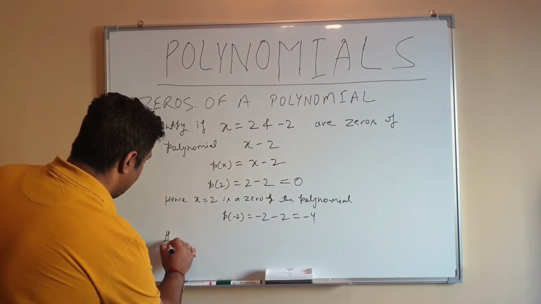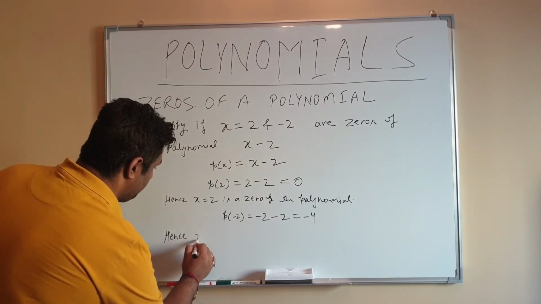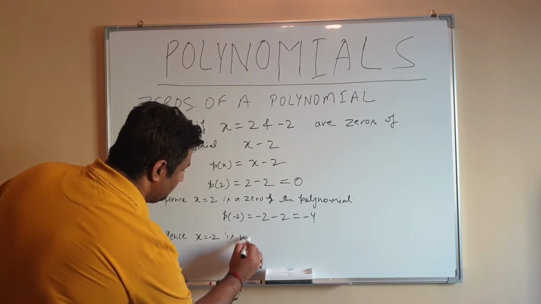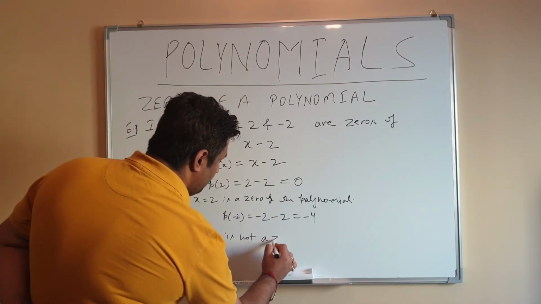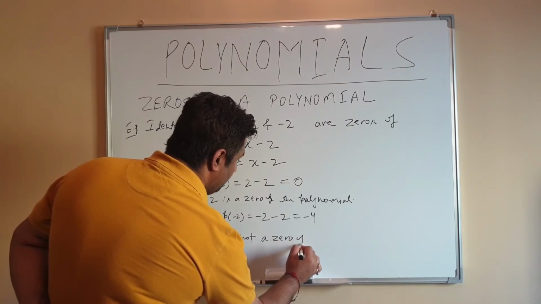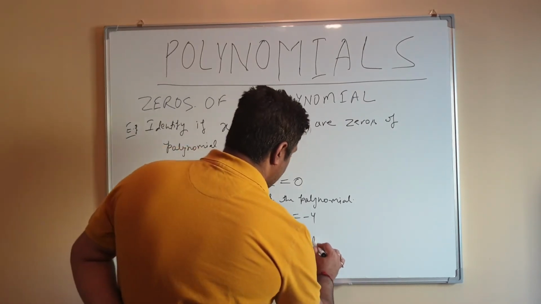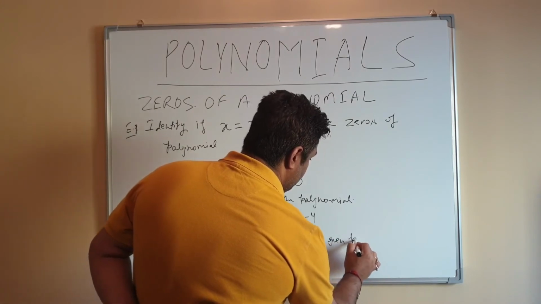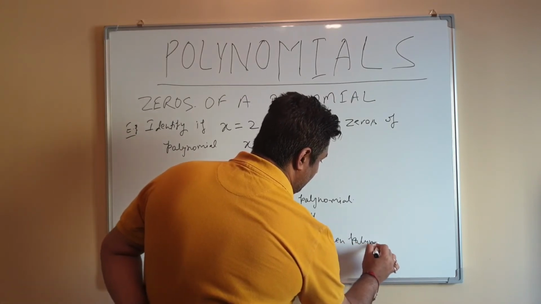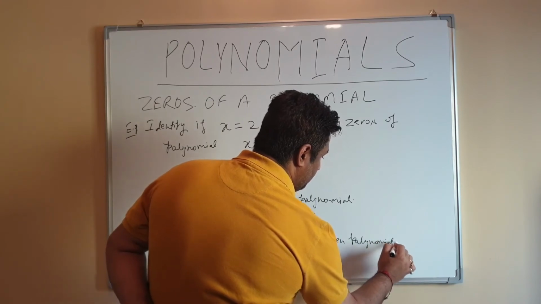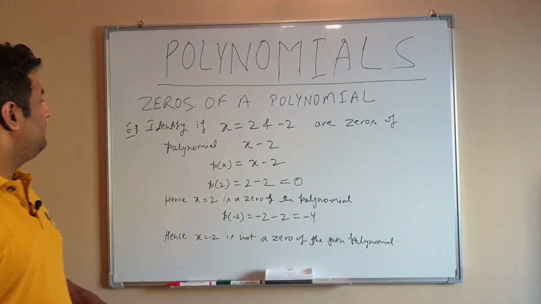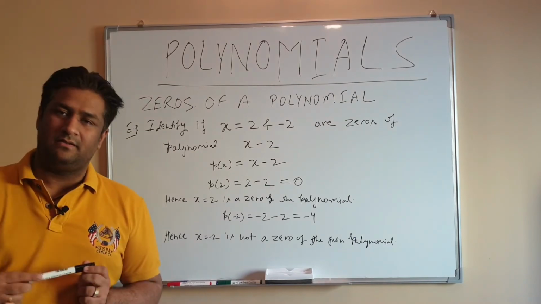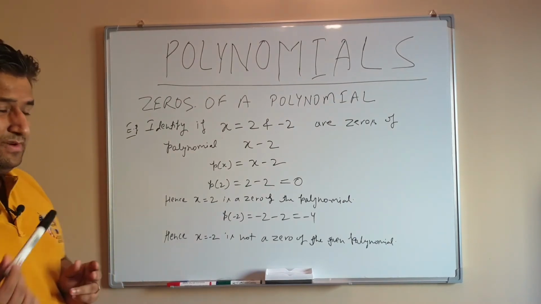So we'll just write hence x equal to negative 2 is not a 0 of the given polynomial. Okay, so basically this is what your 0 of the polynomial thing is. Okay, so we'll do one more example.